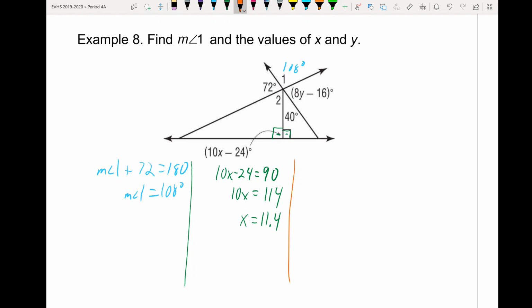All right. Now we've got to find y. Notice here that the 72 degree angle and my angle with the y in it are vertical angles. What do I know about vertical angle measures? Look back. What did I say about them?